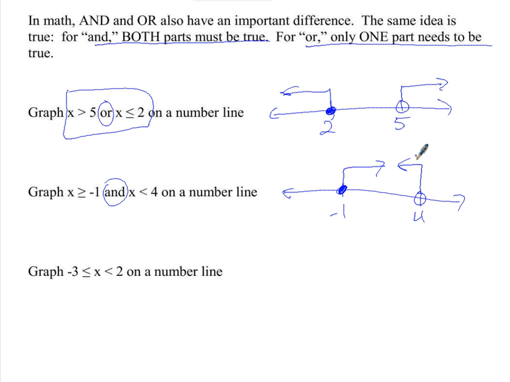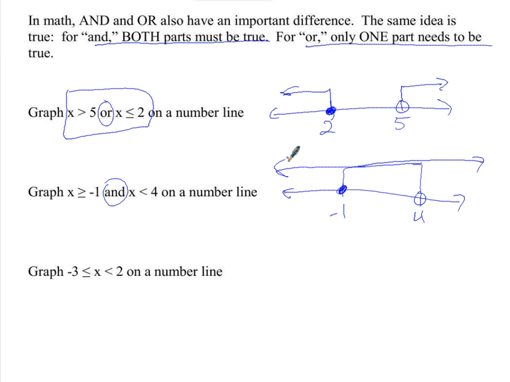What we really have here is, for this inequality right here, all of these numbers work. So I'm actually going to modify what I have here a little bit. All of these numbers work for that first inequality. For the second inequality, all of these numbers work. But we need both inequalities to be true.